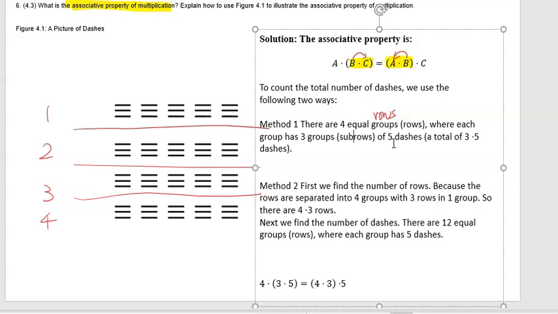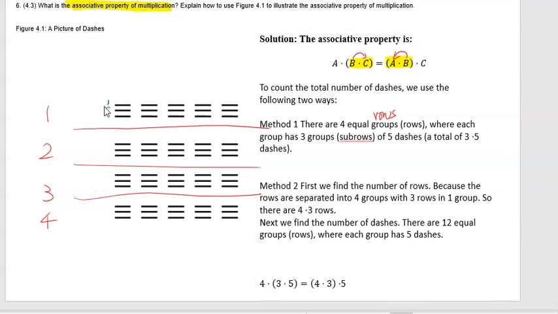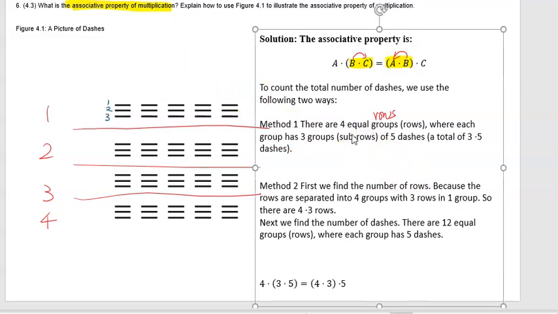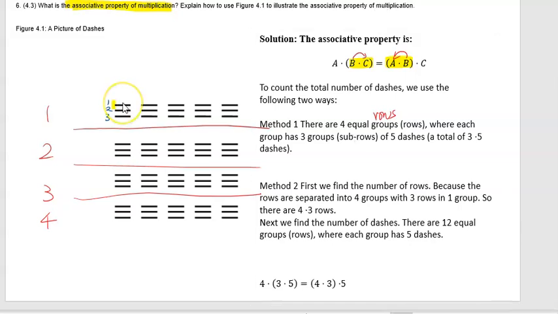So let's label this way. In each big row we have 1, 2, 3 sub rows, and in each sub row we have 5 dashes.